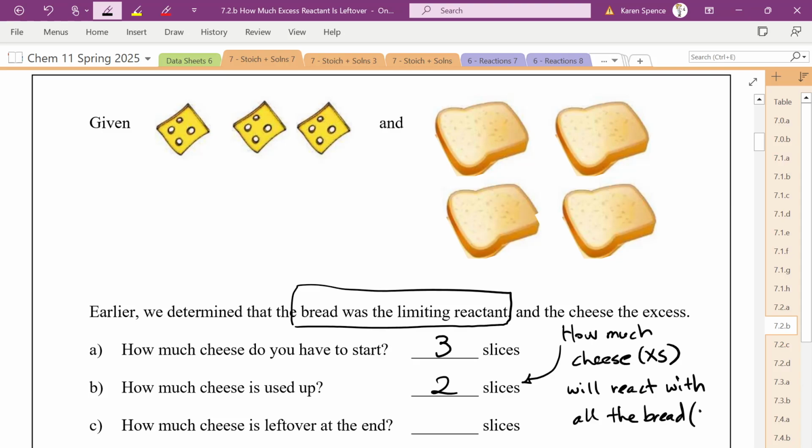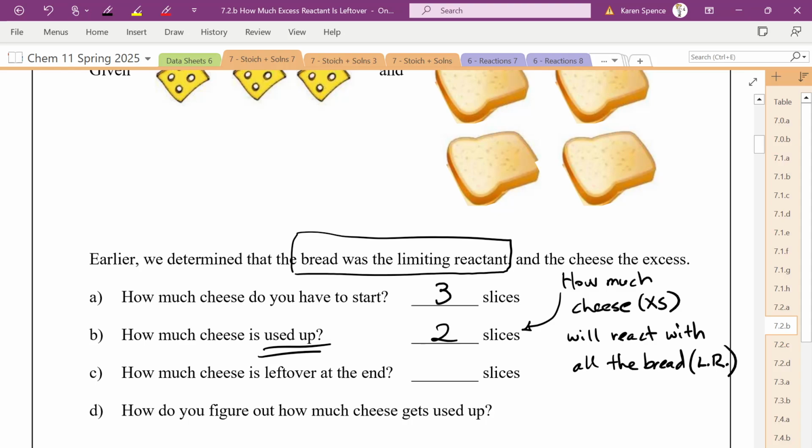That's our limiting reactant. And this is always what you're going to be doing. You're going to be saying, if my limiting reactant reacts with the excess, how much of the excess gets used up? So you use your limiting reactant to figure out the amount of excess that gets used up.